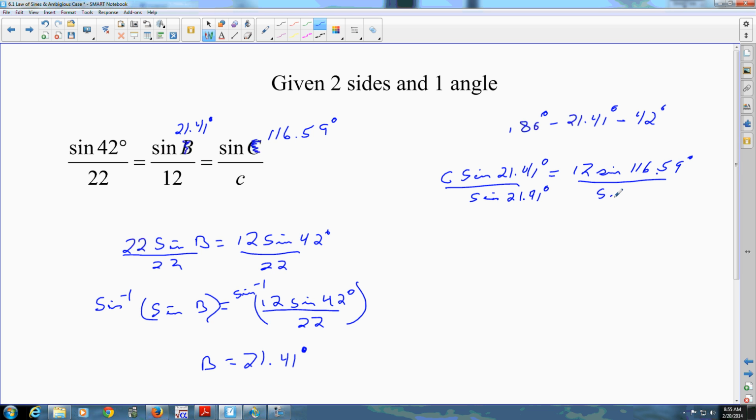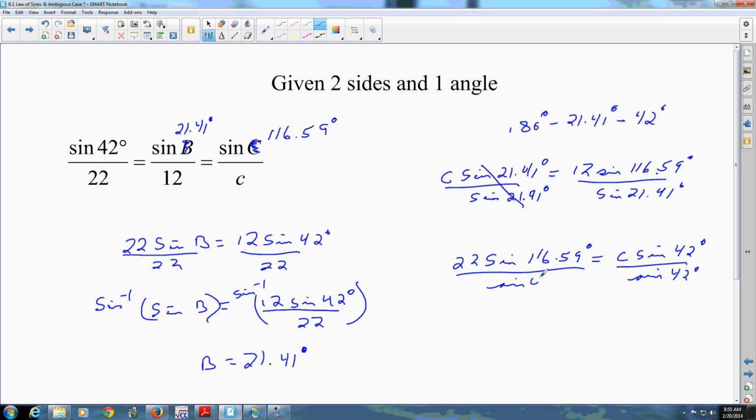That will give you side C. You could also have gone to this one and gone 22 sine 116.59 degrees equals C sine 42. Divide out sine of 42. And you'll then also have side C. So it doesn't matter which pairing you use to find that third side. Okay?